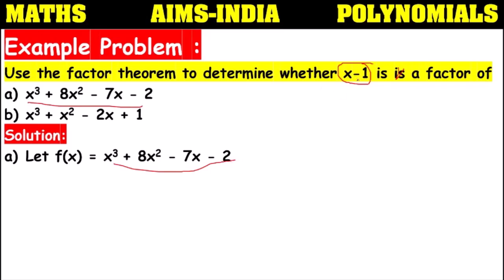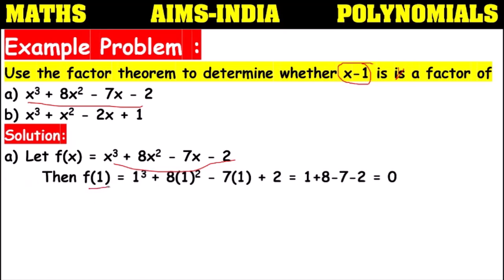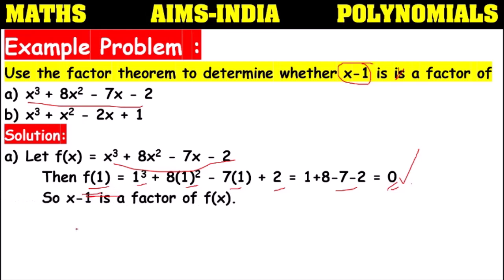If x minus 1 is to be a factor, then we have to prove f of 1 equal to 0. Let's keep 1 in the place of x everywhere in the given statement. 1 cube, 1 square, like this. After simplification, it is 0. So as the remainder is 0, it is proved that x minus 1 is a factor of f of x.